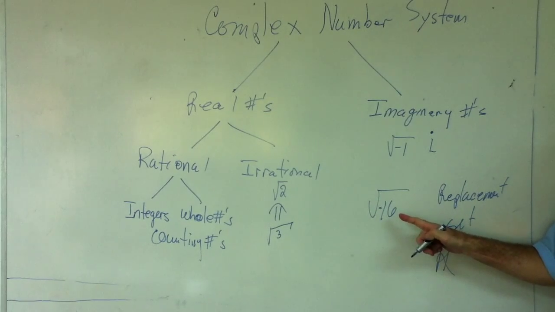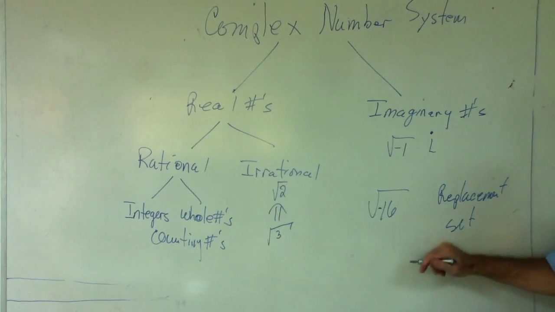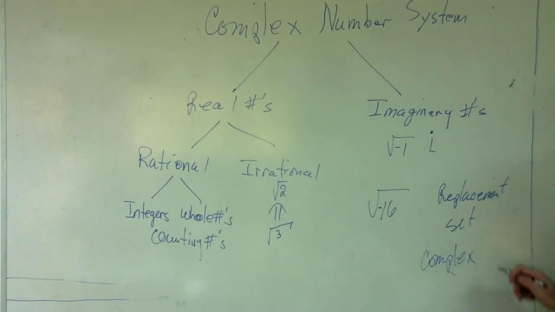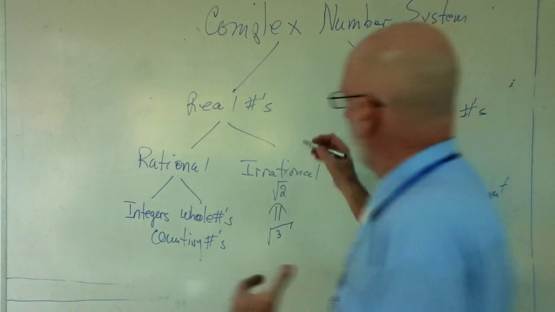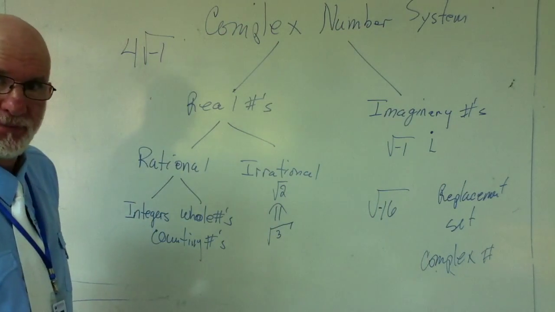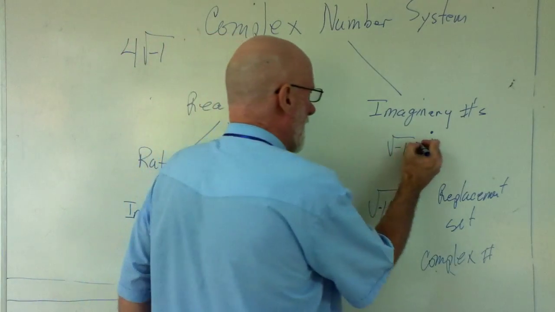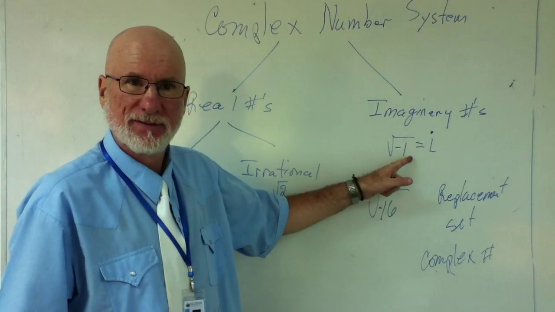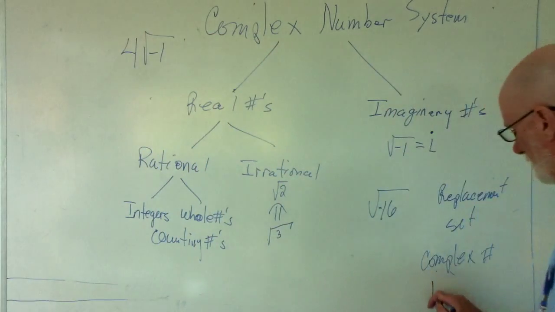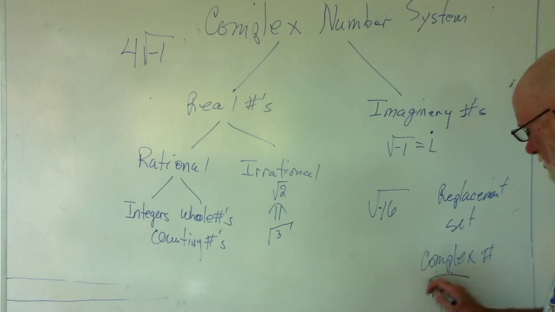No. If the replacement set is complex numbers, does that have a solution? Yes. I said it was 4 root negative 1, didn't I? If that is equal to that, what's the answer? 4i.